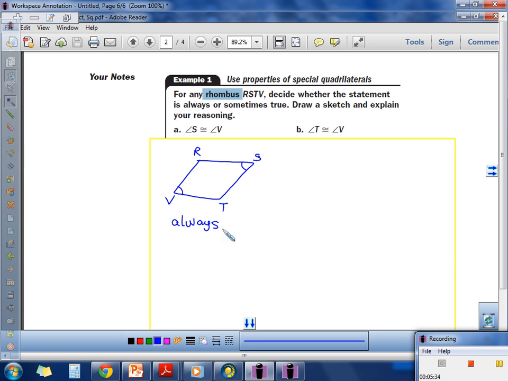It says draw and explain. Why is it always? Great. This shape will always have that property that says opposite angles are congruent.